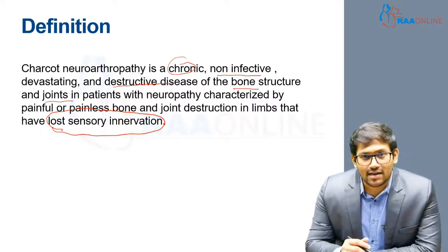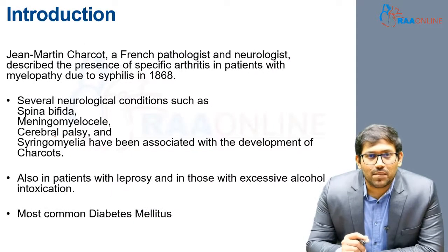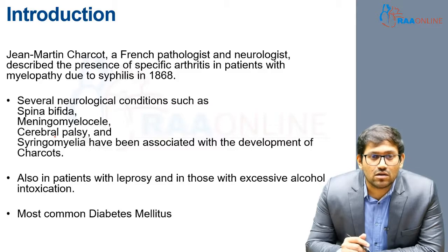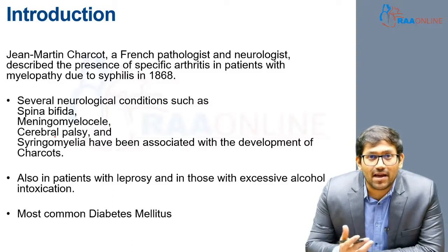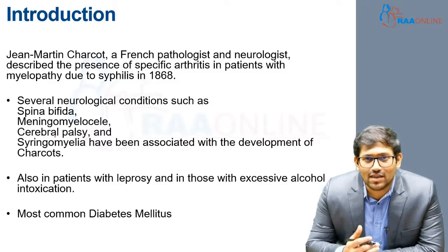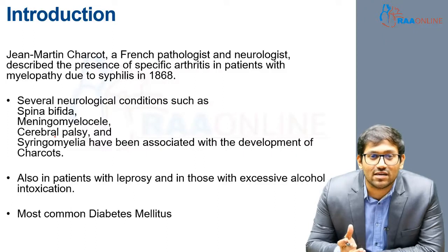This intriguing fact was first thought about by a pathologist and neurologist named Jean-Martin Charcot. So what did Jean-Martin Charcot do? He had started seeing a paradigm of patients coming in with a destructive bone disease, and he tried to find out the reason behind it or the other associated factors.